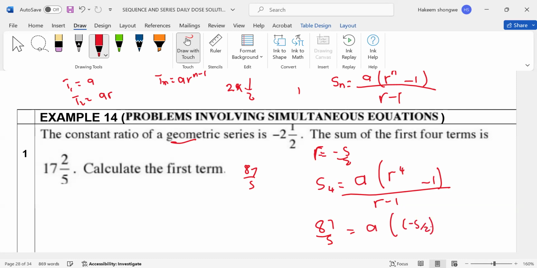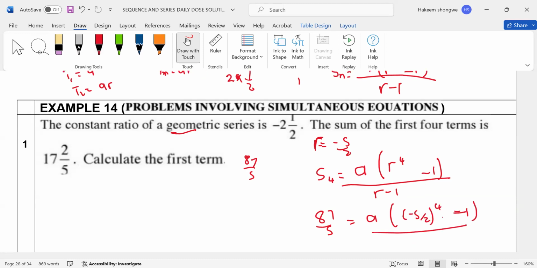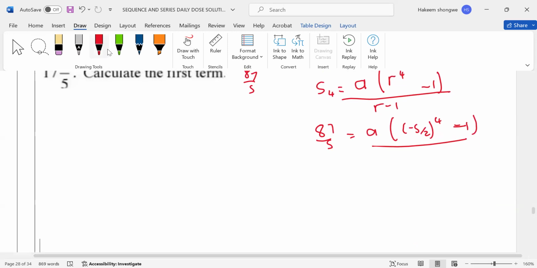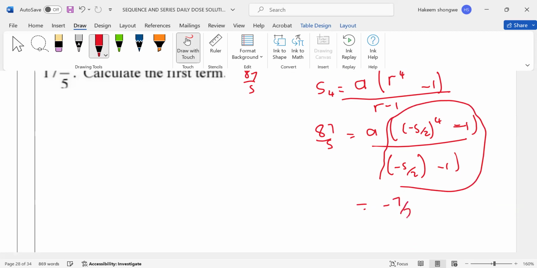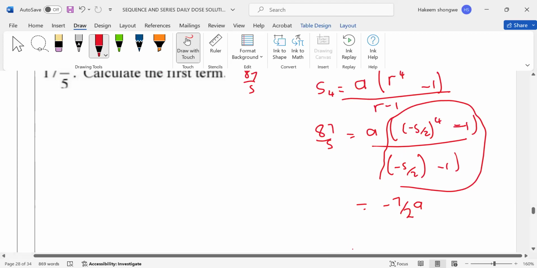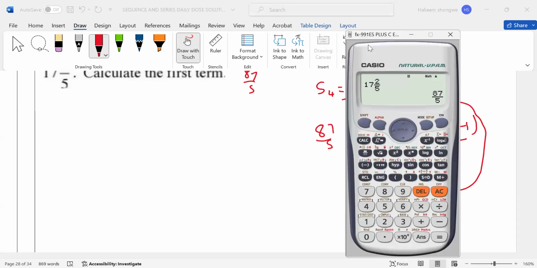It's minus 5 all over 2. So you have minus 5 all over 2 to the power of 4, minus 1, all over minus 5 all over 2 minus 1. And then you can type this whole thing in your calculator. This part here is minus 7 all over 2, so minus 7 all over 2 times A at the bottom. Okay, let's type everything like this in our calculator.